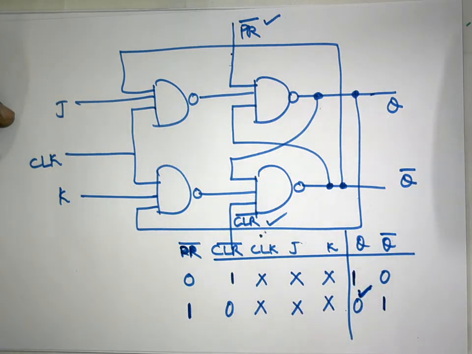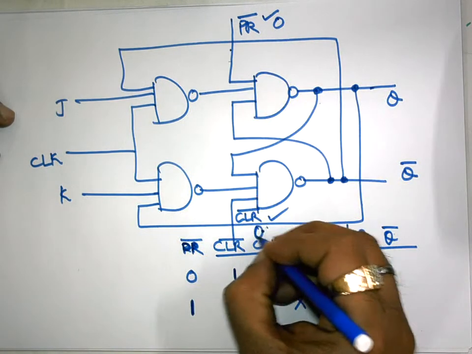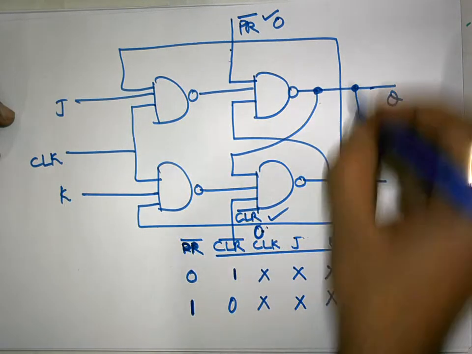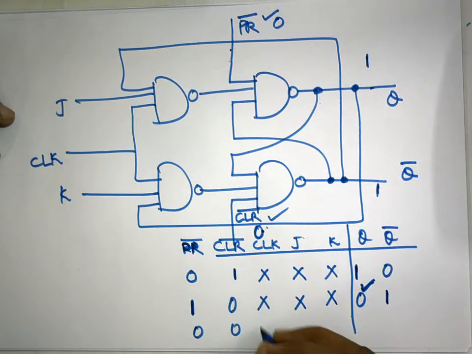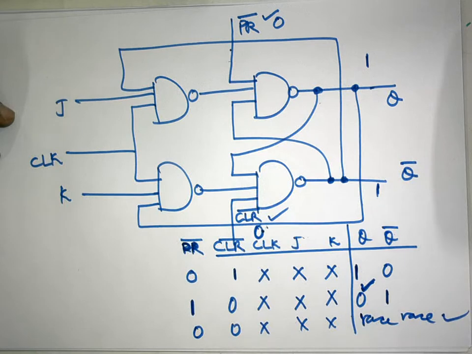Now what will happen if we apply 0, 0 over here? It is going to give you 1, 1. And this should be avoided. This is called race condition at the output. Okay?